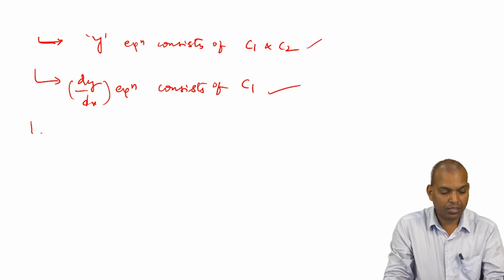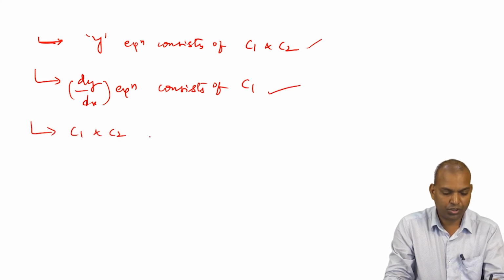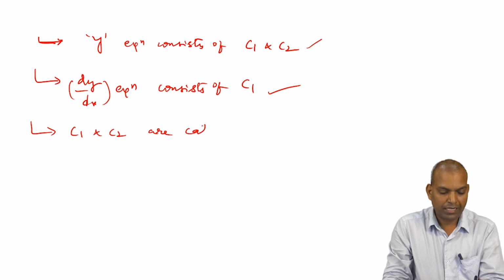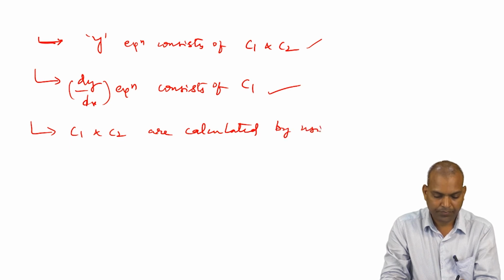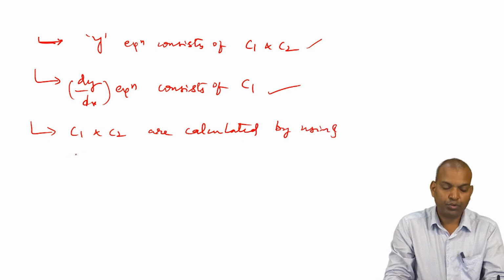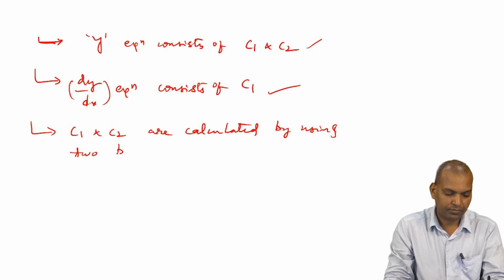These two constants of integration, C1 and C2, are calculated by using two boundary conditions.